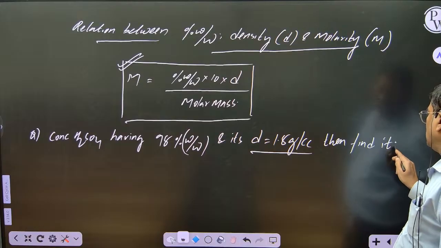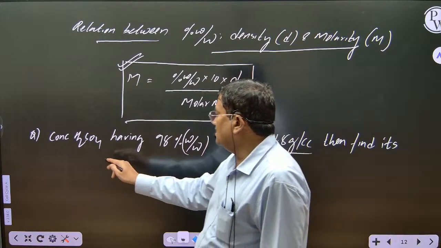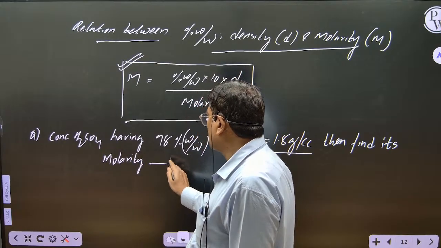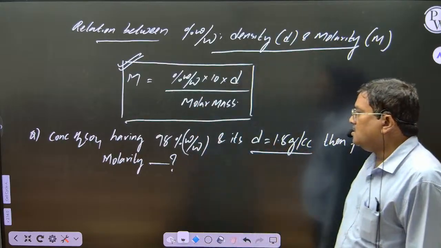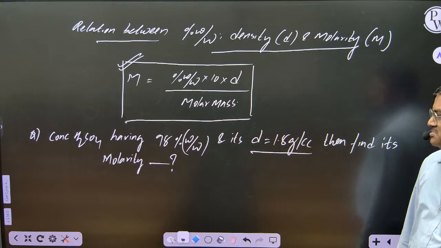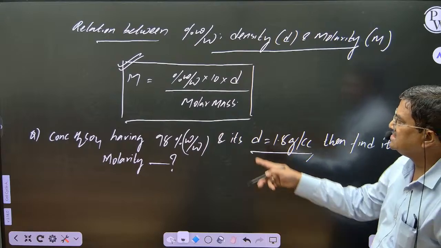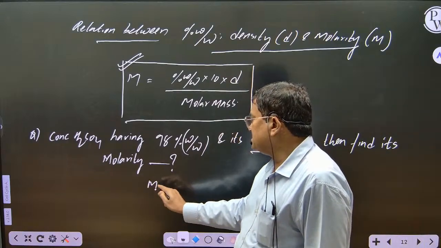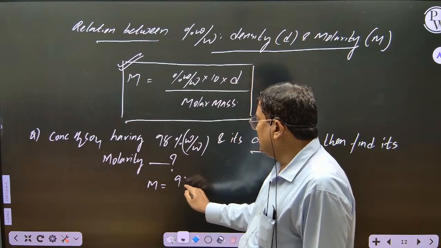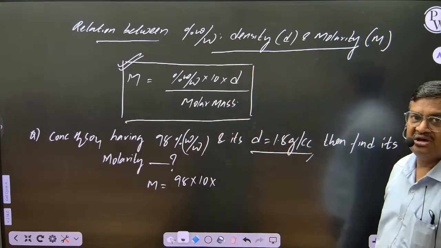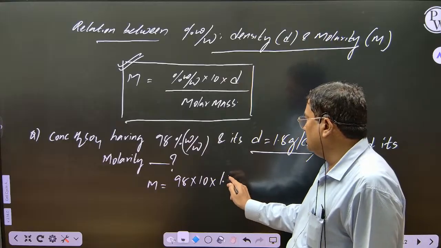Then you have to calculate what will be its molarity. Understood, students? So mass percentage given, density given, you have to find the molarity. What is the relation we wrote on the top? So direct substitution: percentage given 98 into 10 into density given 1.8, by molar mass.